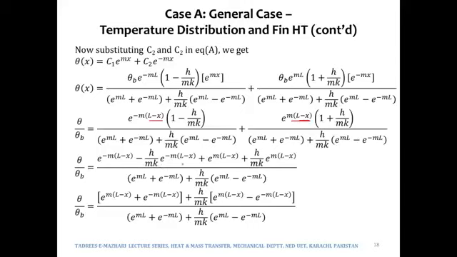Now in the numerator there are four terms, two of which are h over mk terms and two of which are non h over mk terms. So we will bring together the non h over mk terms, which are e to the power m L minus x plus e to the power minus m L minus x, and we will bring together the h over mk terms as they have been brought over here.